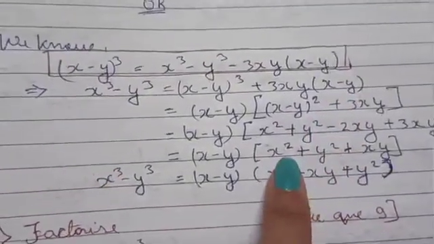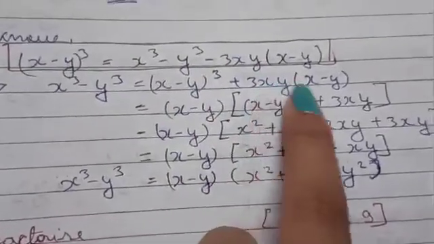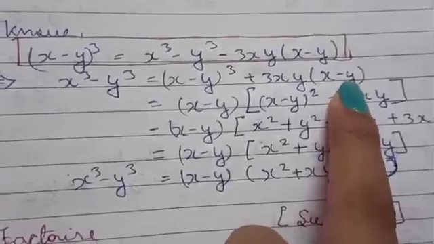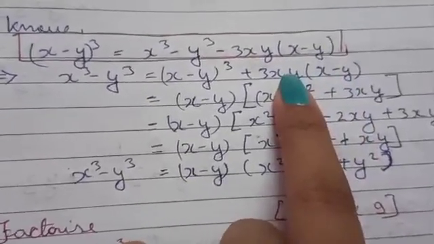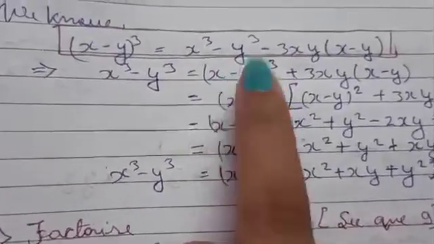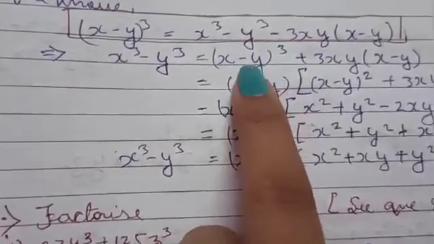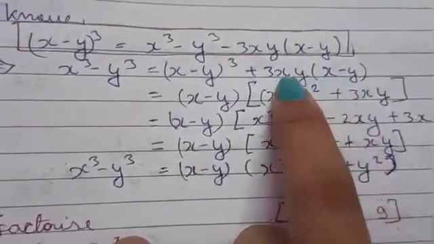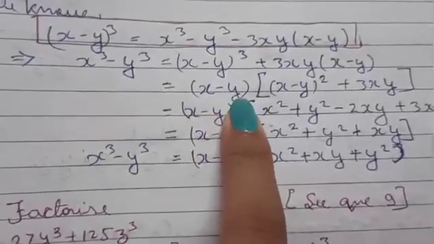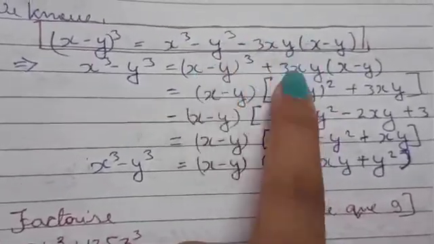Okay, now see here, this is a separate term and this whole is a separate term. Plus 3xy in bracket x minus y is a separate term, and we can see clearly that x minus y cube means x minus y multiply x minus y multiply x minus y we have here. So x minus y we have in the first term also, and x minus y we have in the second term also. So x minus y will be taken out as a common factor out of these two terms.